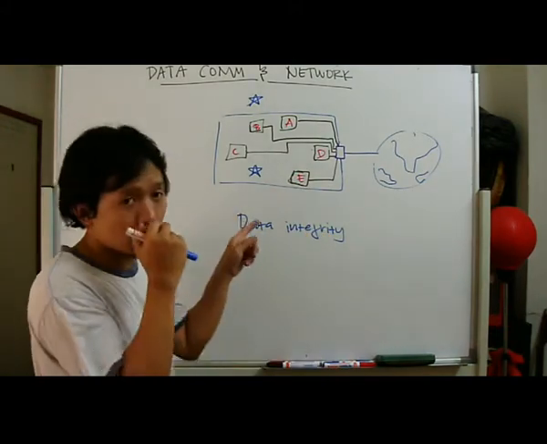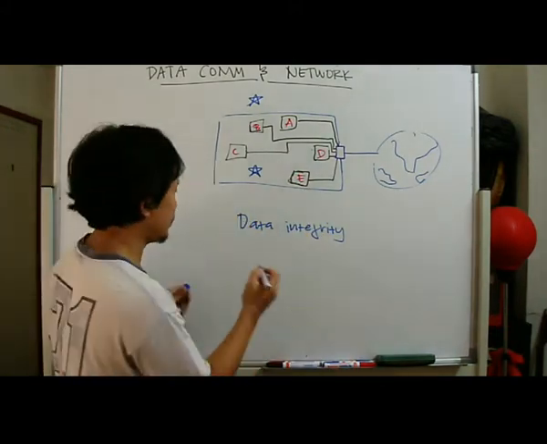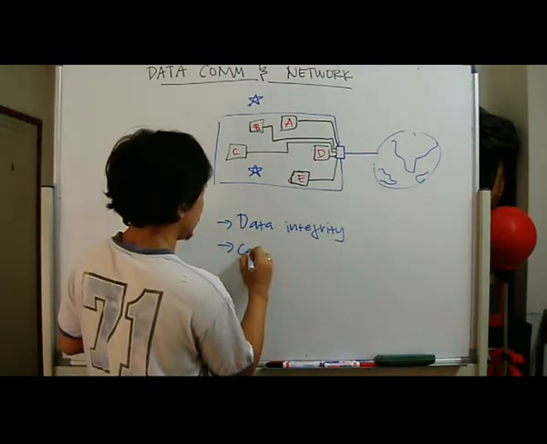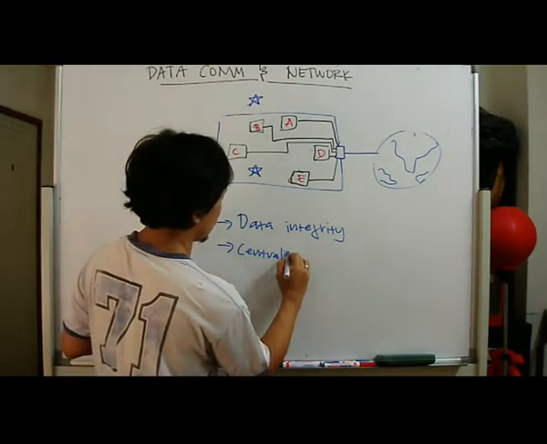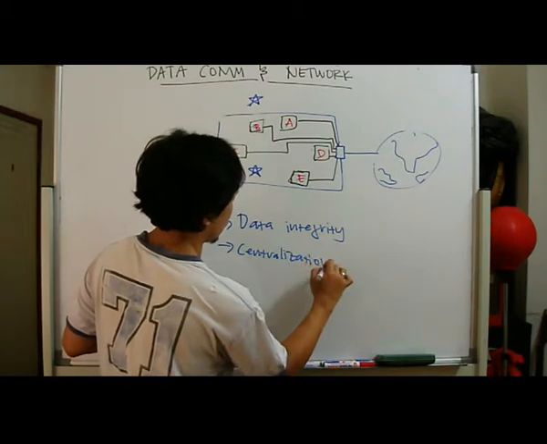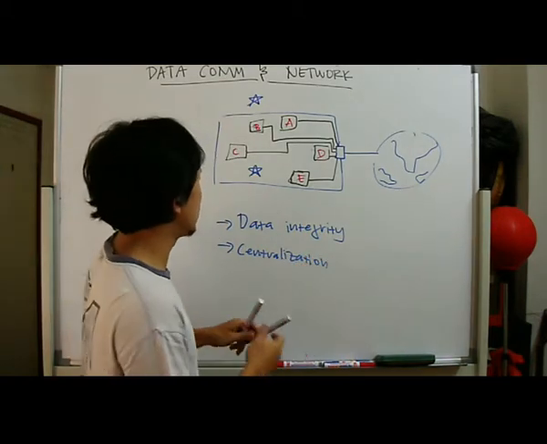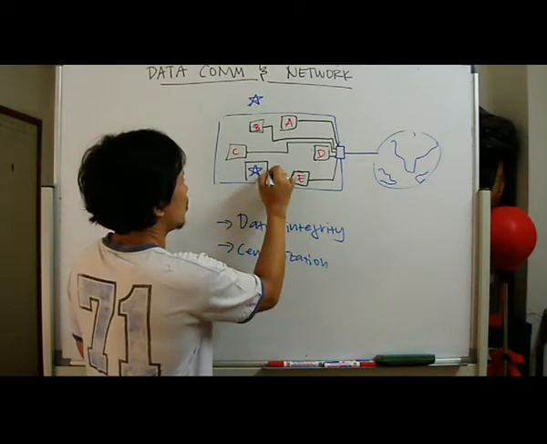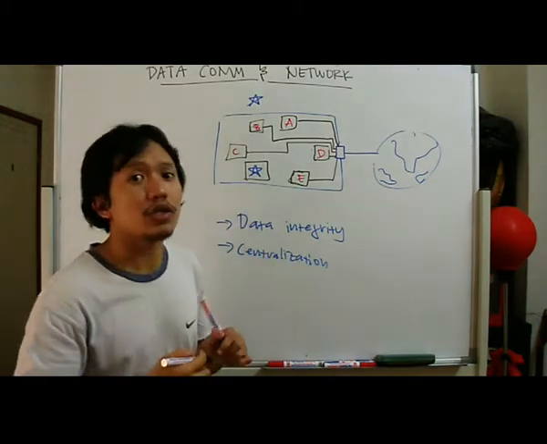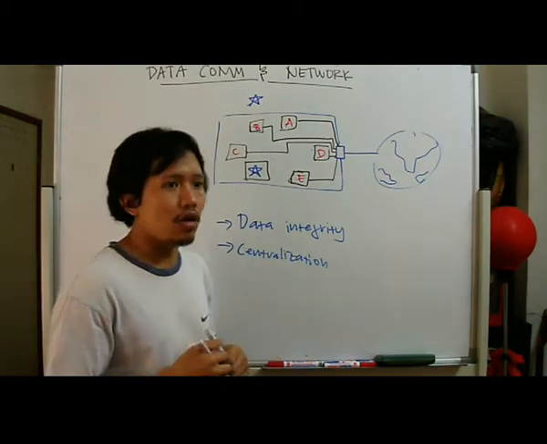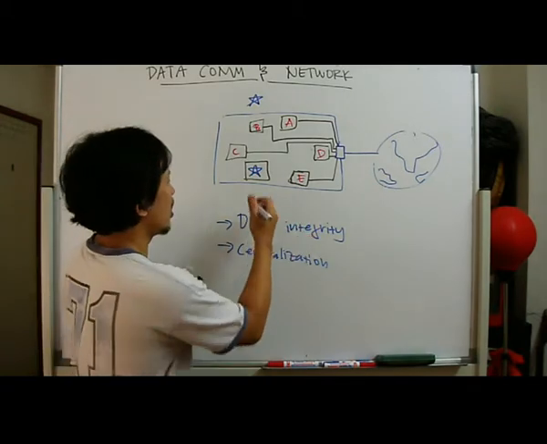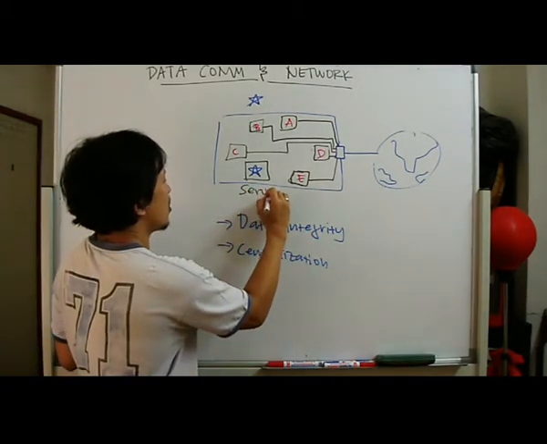So this is called centralization of data. So we put the star inside a special computer. This computer is now called the server, right? So this is the server.